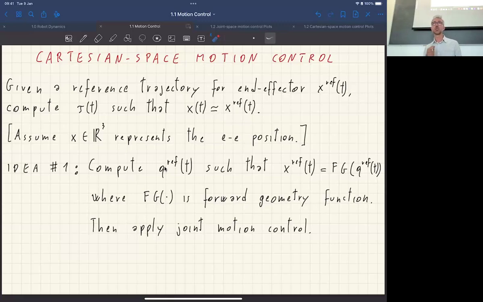What's the limitation of doing that? Can you foresee any limitation? Imagine that your robot needs to pick up objects that are coming on a conveyor belt, like in the videos I was showing you in the first lecture, you remember?